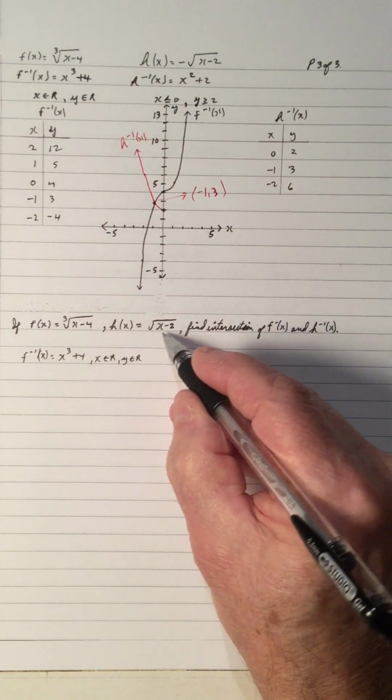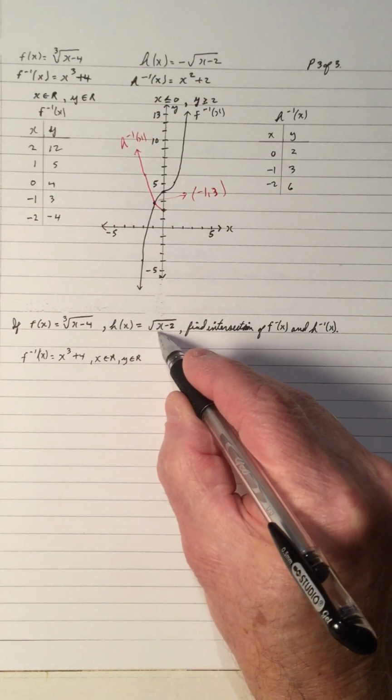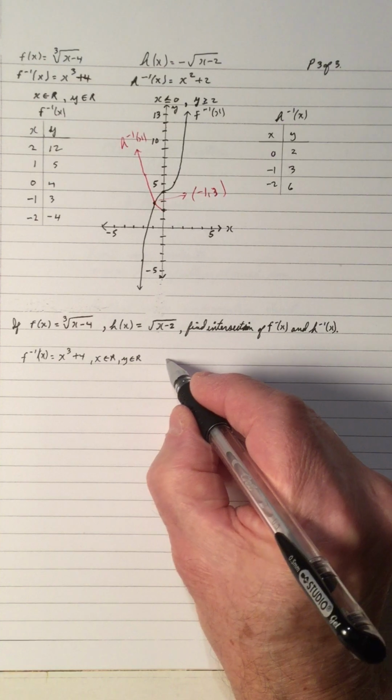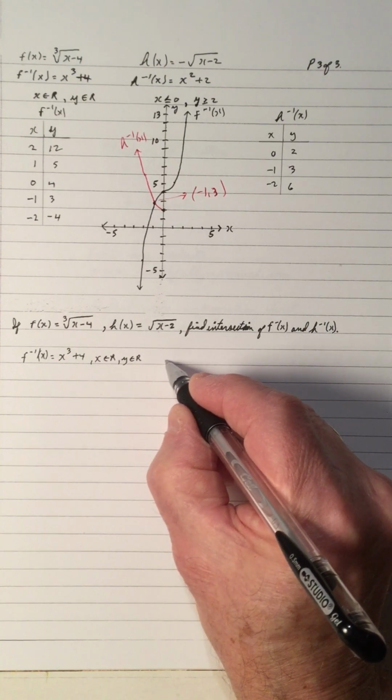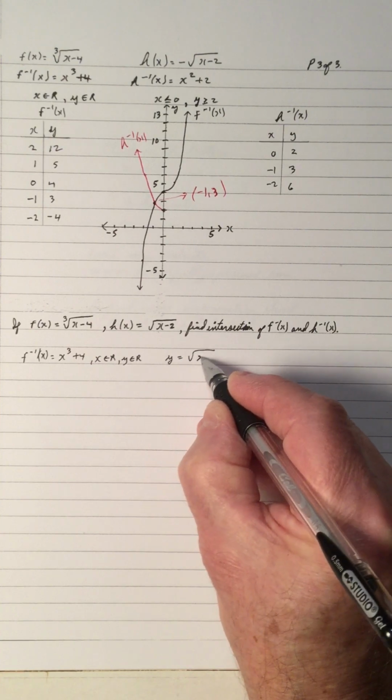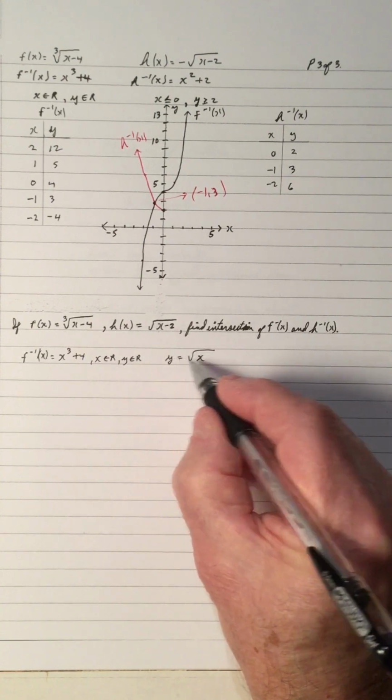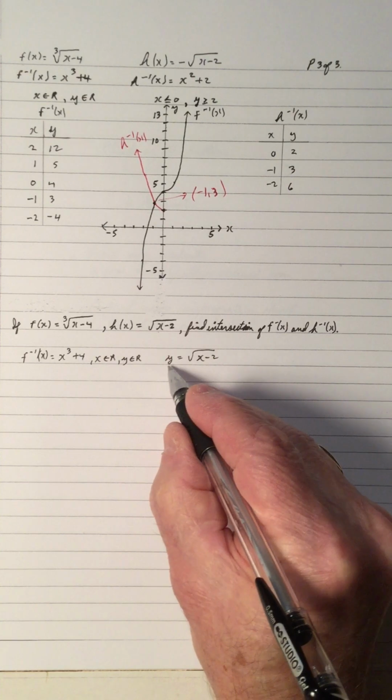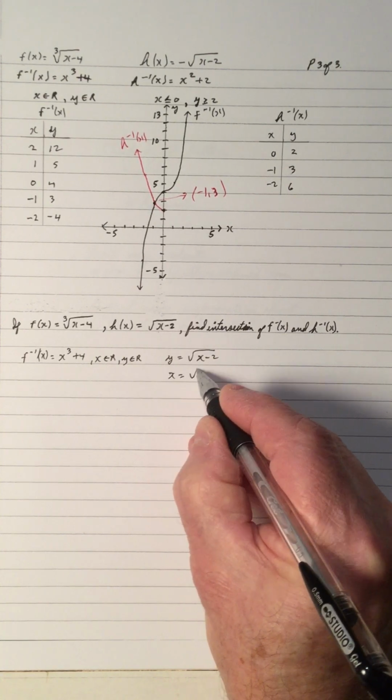But let's look at the inverse of this one. The inverse of this one is, again, y. The h of x is changed to a y. We interchange the y and the x.